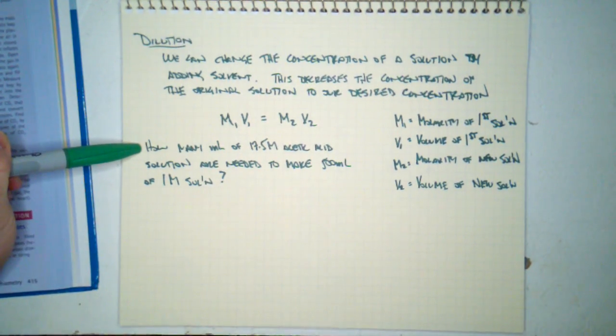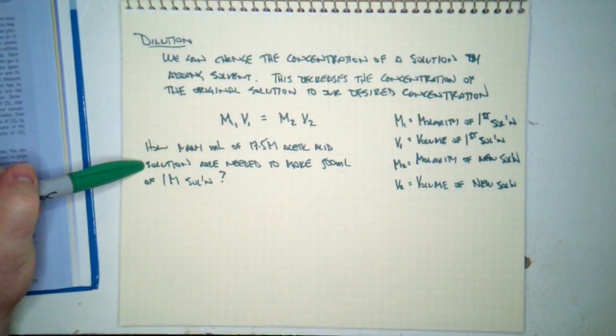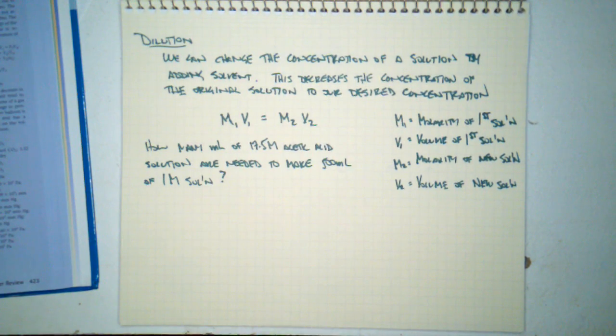So a typical problem goes, how many milliliters of 17.5 molar acetic acid solution are needed to make 500 mL of a 1 molar solution?